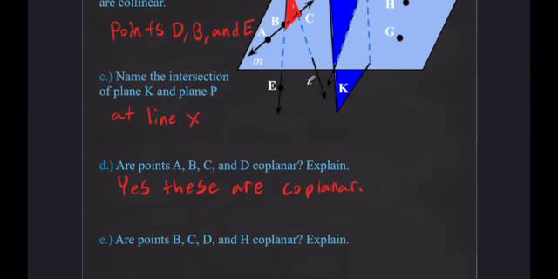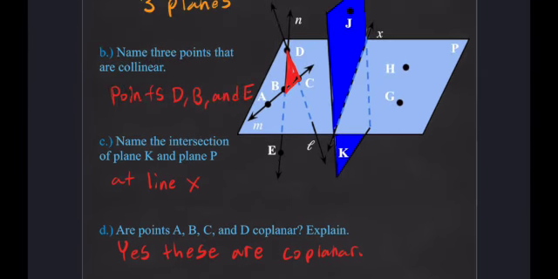So let's find B, C, D, and H. Well, we already have highlighted or marked in B, C, and D. That's a plane. Is point H on that plane? Well, is point H on one of those lines that is connected to that plane? No, it's not.